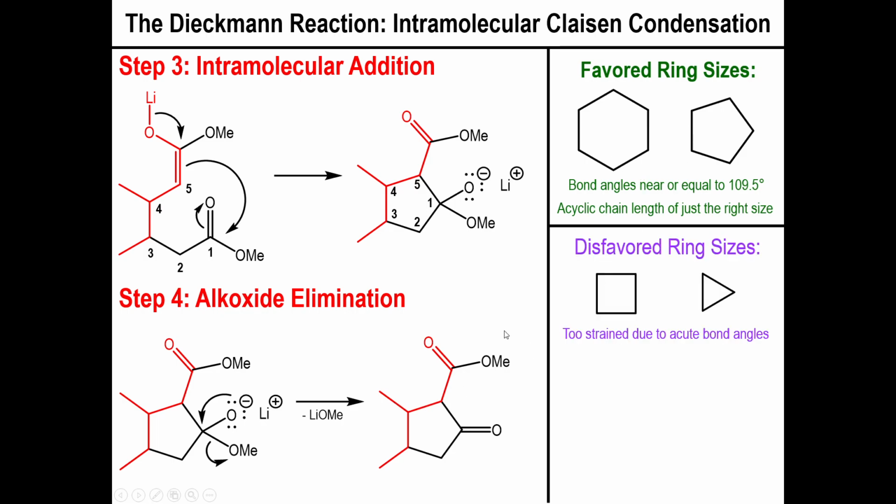However, if the ring size that you would be forming differs from 6-member rings or 5-member rings, if they were smaller, like the ones here, or if they were larger, like the one I'm showing right there, then you probably will not end up forming that intramolecular cyclized product. So basically stick to 5 and 6-member rings.